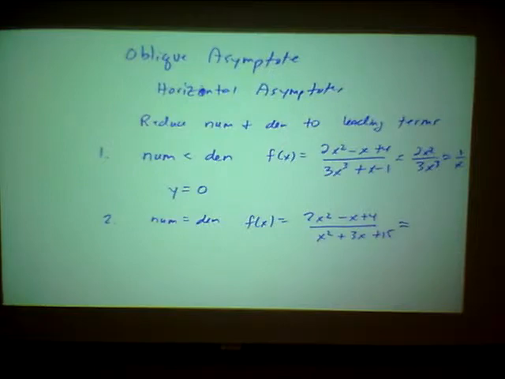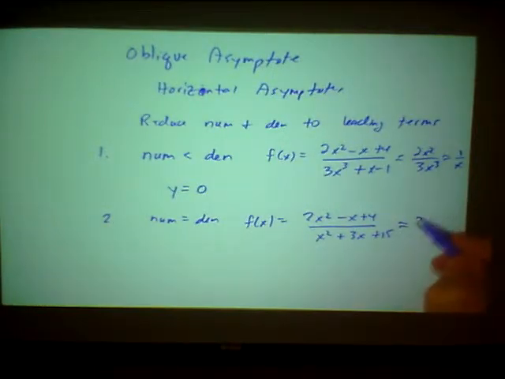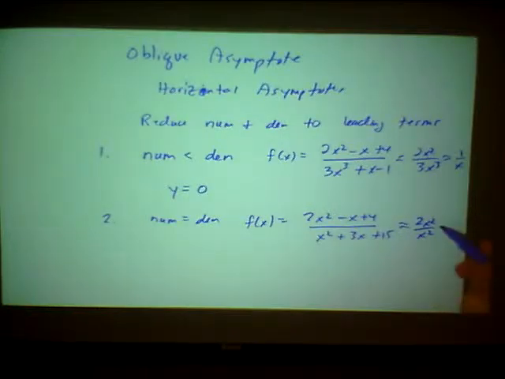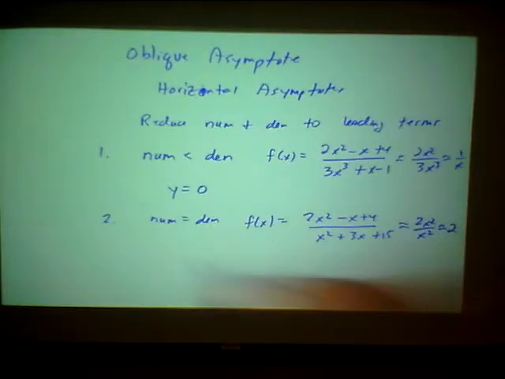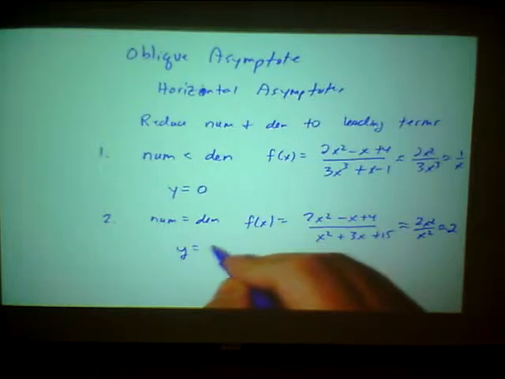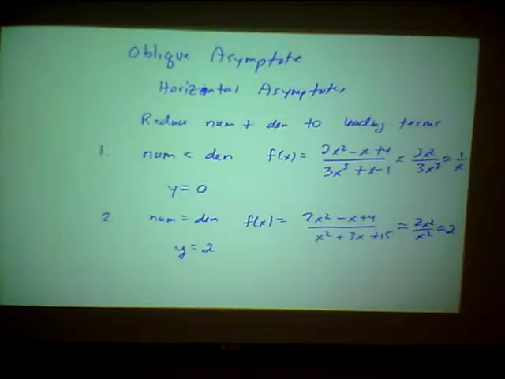Once again, if you reduce it to leading terms, 2x squared over x squared. In this case, the numerator and denominator are equal in terms of the variable and the exponent. So this simply reduces down to 2. And in this case, we'd have a horizontal asymptote of y equals 2.